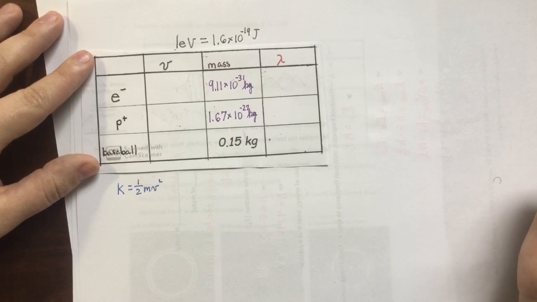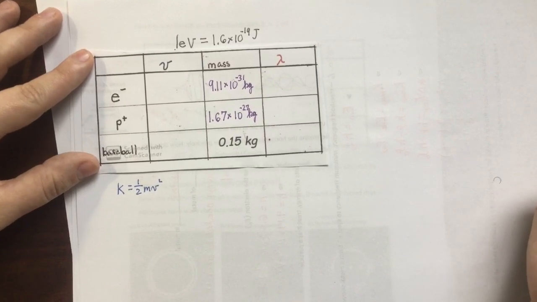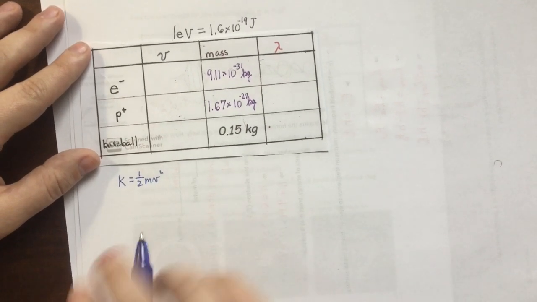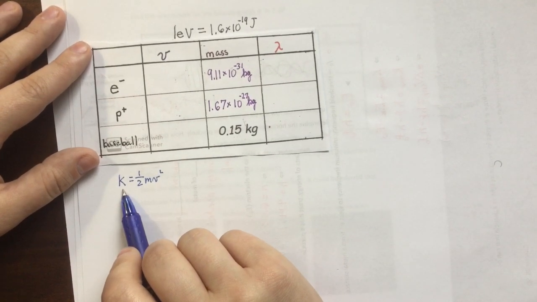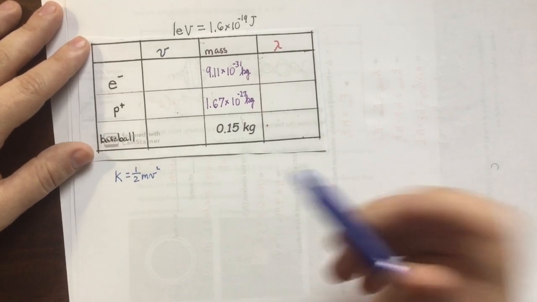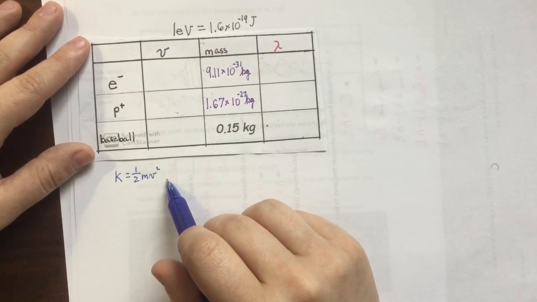We had to convert because this equation gives you an energy that's in joules. So if you're using this, you've got to be using joules.